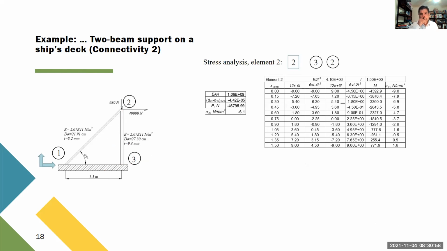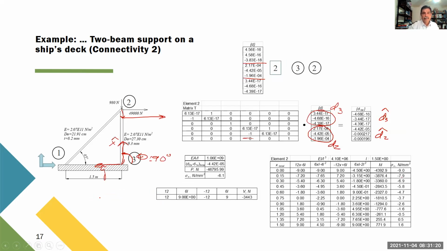Okay, now, this is something which is very interesting. In our case, we are considering a combination. See, we have this element, and this element receives this force. So this is axial force. Let me go back.